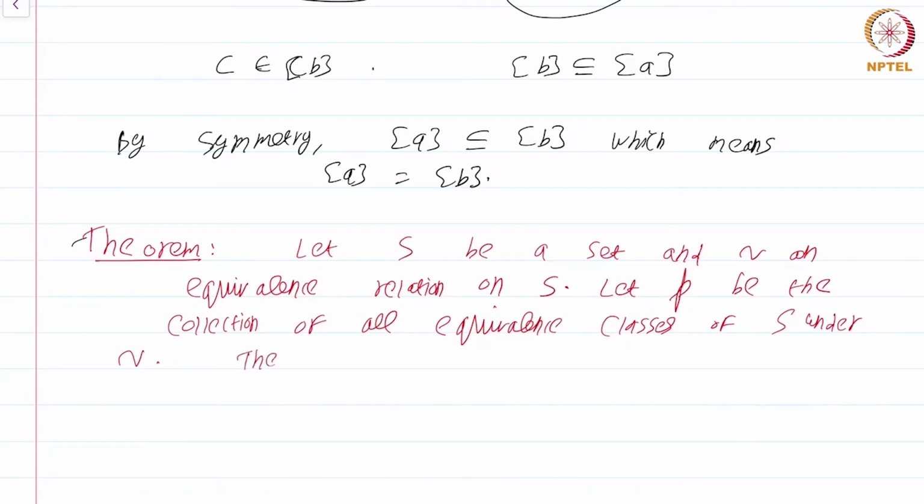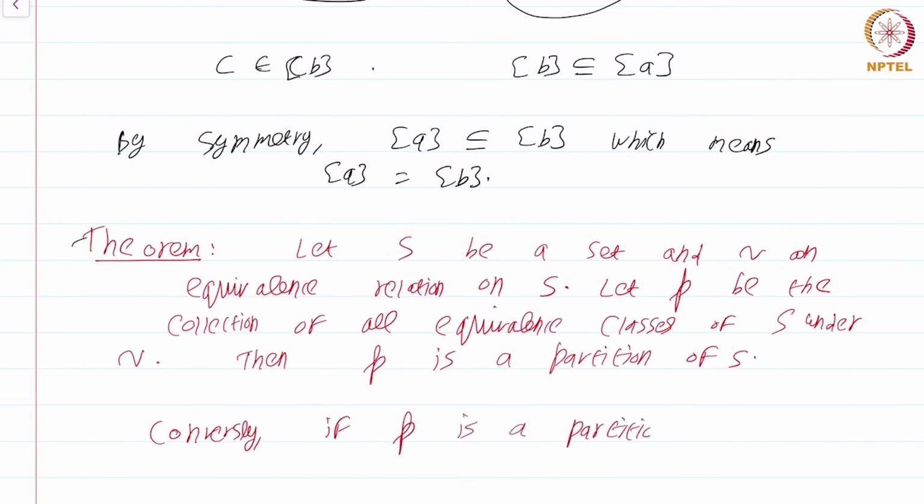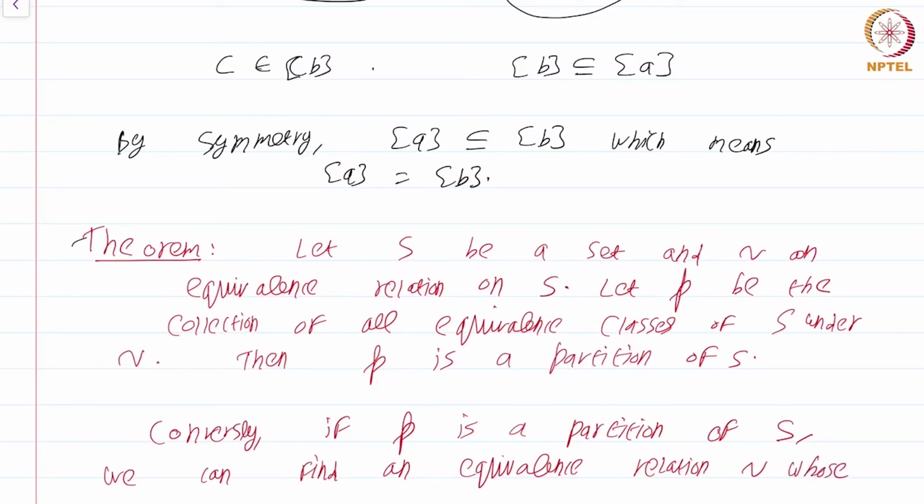Then P is a partition of S. Conversely, if P is a partition of S, we can find an equivalence relation tilde whose associated partition is P.